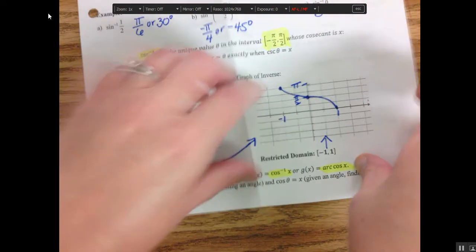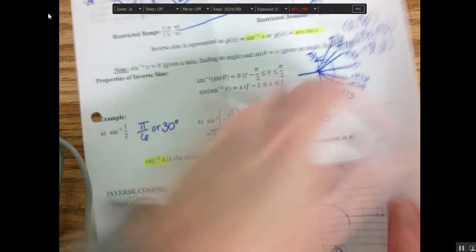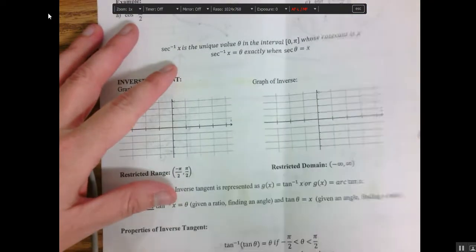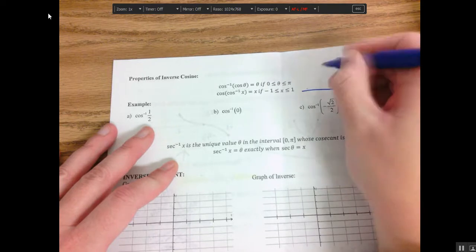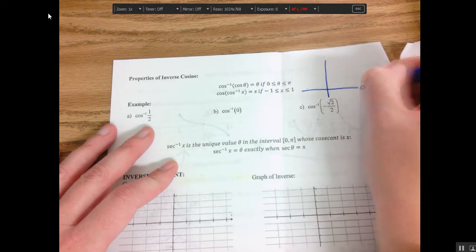Okay. So just like we made a picture up here for inverse sine, we're going to make a picture for inverse cosine. So your answers are between 0 and pi.